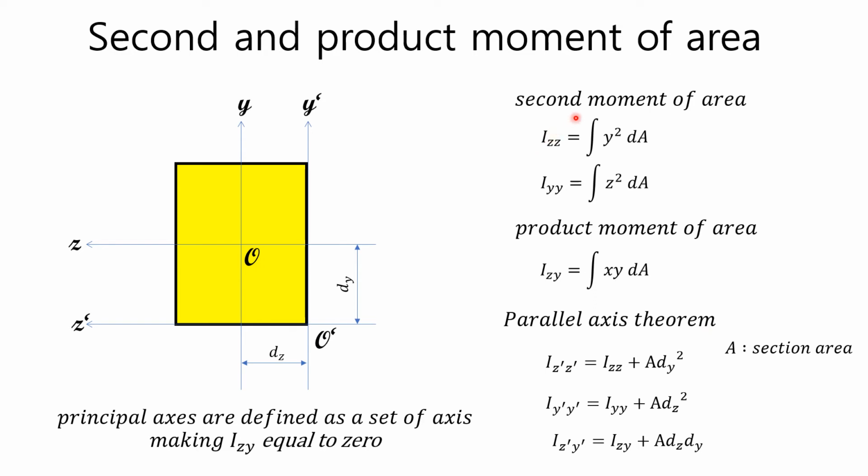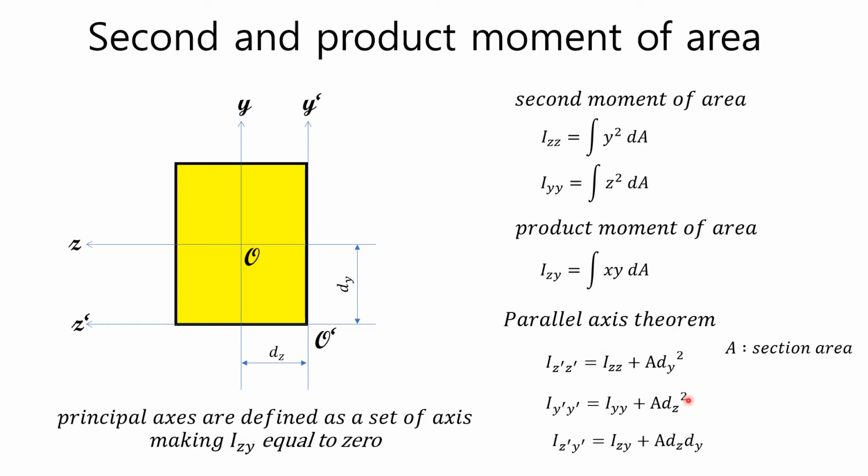Here we have the basic equations for calculating second and product moment of area. We have a second moment of area for z-axis and y-axis, and the product moment of area like this. And finally, we have a parallel axis theorem.